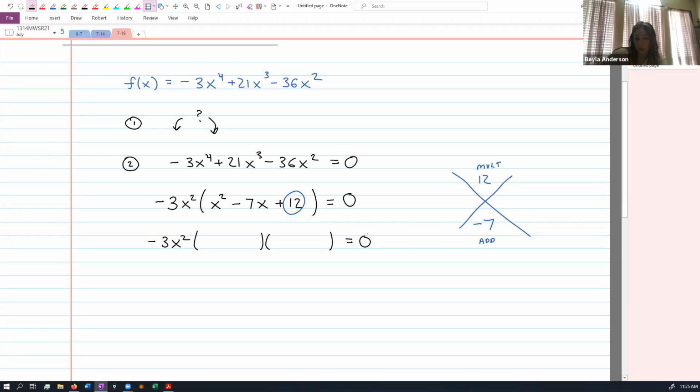Is it -3 and -4? Negative 3 and negative 4, very good. Negative 3 times negative 4 gives you positive 12. Negative 3 plus negative 4 gives you negative 7.